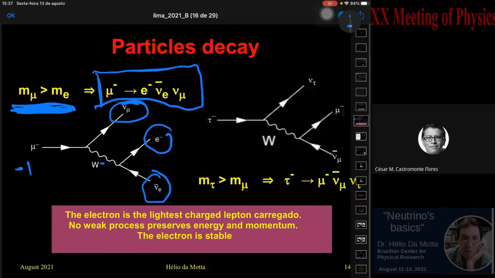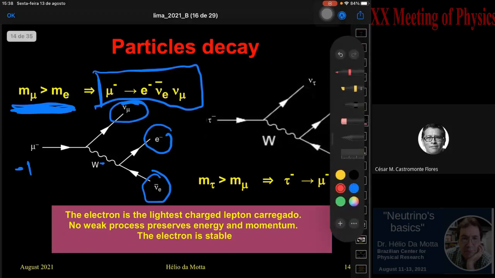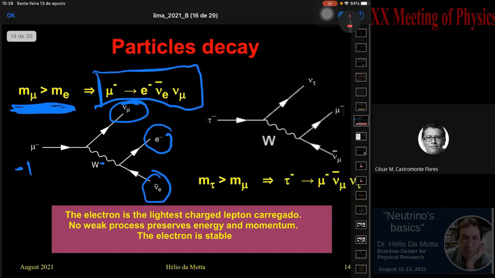It means basically that if you start a process with some number of leptons, at the end of the process you should have the same number of leptons. They will not appear or disappear. The same goes for electric charge. Let's see how this works here. The electric charge here is -1. Only the muon has a charge.